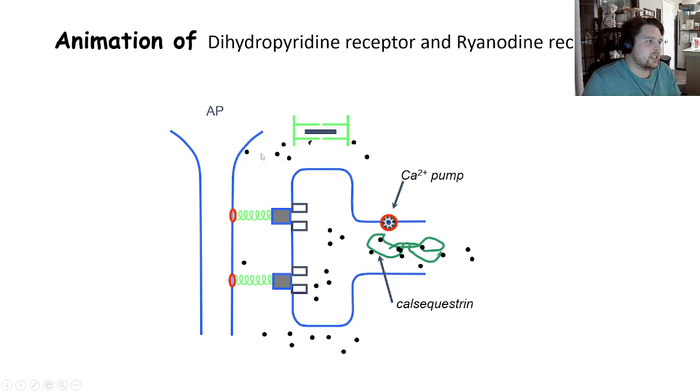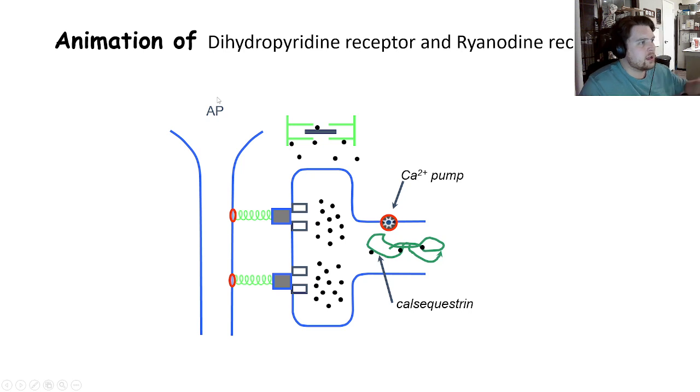But the calcium is released, muscle contraction occurs, and then a calcium pump is going to bring the calcium and pump it back into here. And another protein called calsequestrin is going to hold on to the calcium that's getting stored back into that sarcoplasmic reticulum, or that SR. Okay, so the action potential comes down.